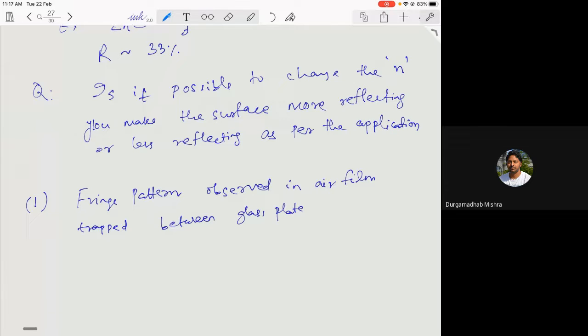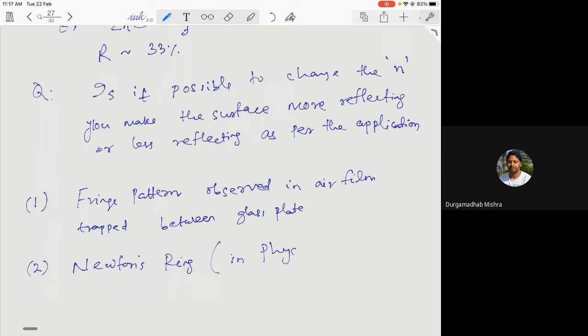Another experiment is the Newton's ring experiment. It is explained in the book, quite easy to understand, so I will leave it, because you will be doing this experiment in the physics lab.